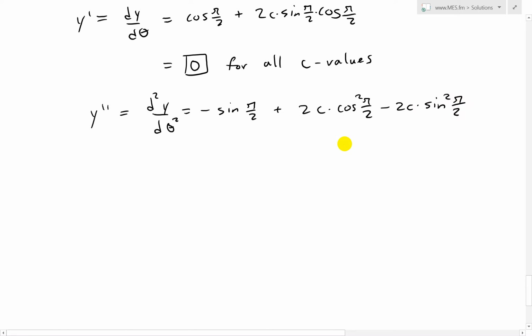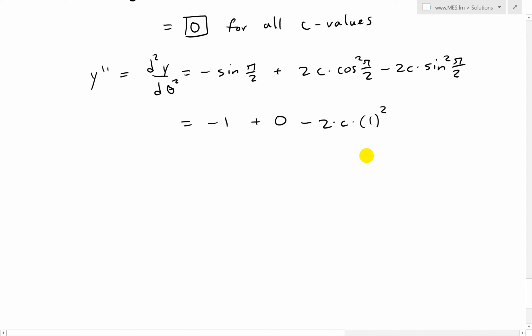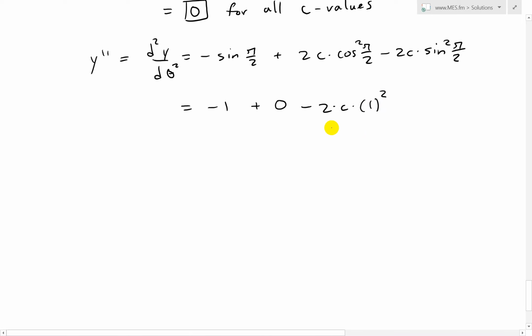So those values now, the difference is going to be here. Sine, that's just going to be negative 1, plus this is going to be 0, then minus 2c times sine squared of 1, that's just 1, since 1 squared is 1. So now we have negative 1 minus 2c, and this is our y double prime.